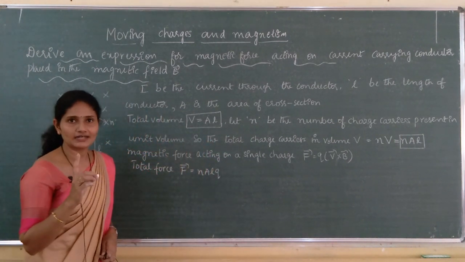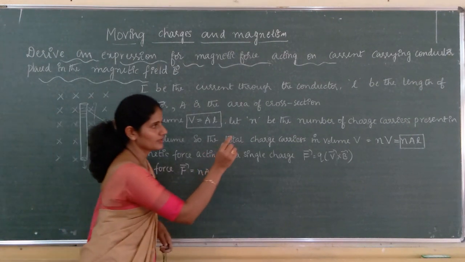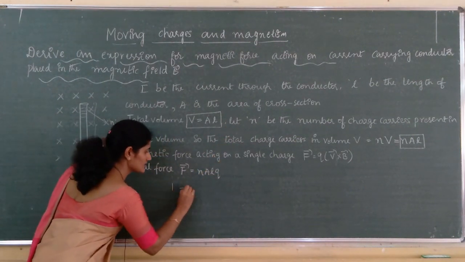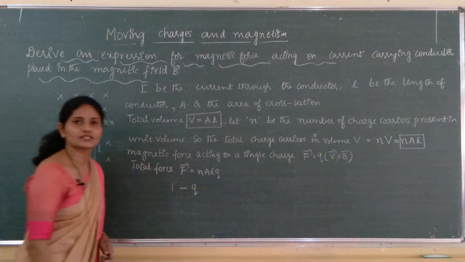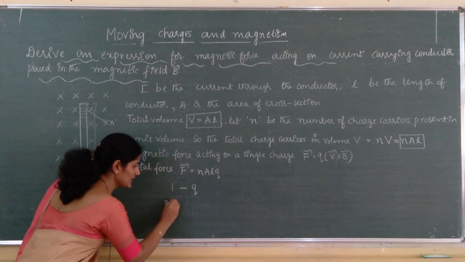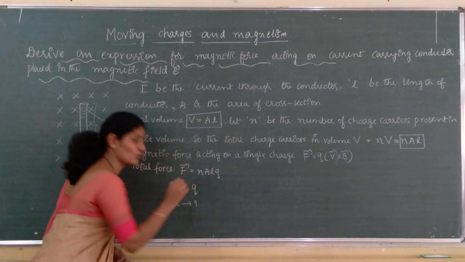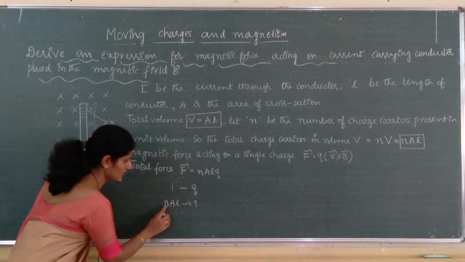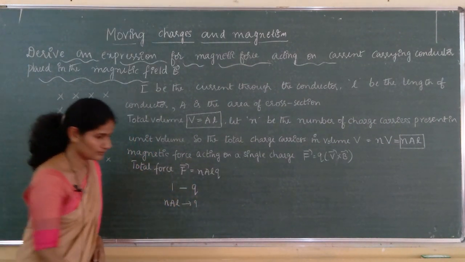For a single particle, the charge is represented by q, but here we have nAL number of charge carriers, so the total charge is nAL into q.